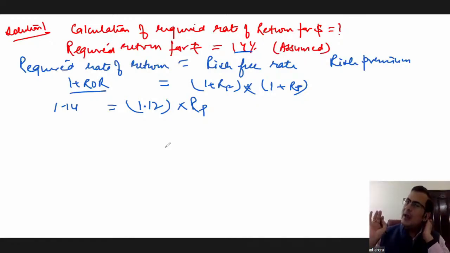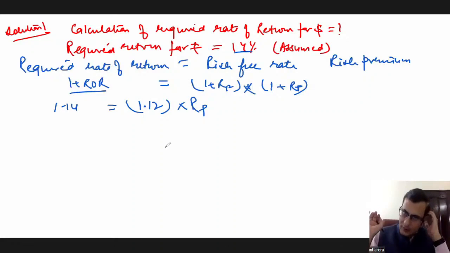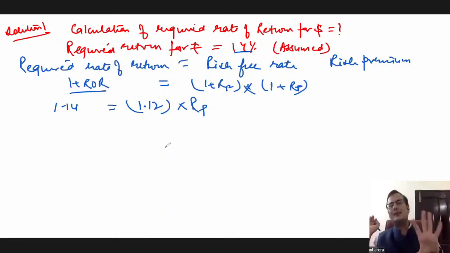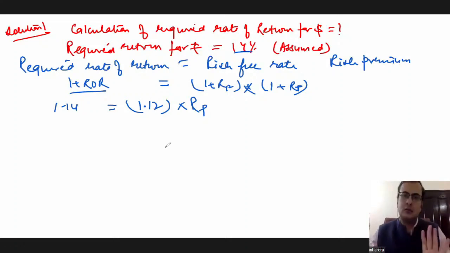From INR, we are calculating the risk premium so that we can incorporate it in dollars. So how much will we get?